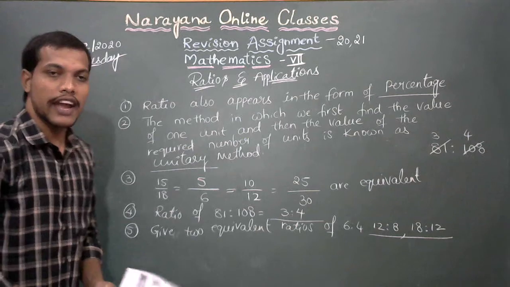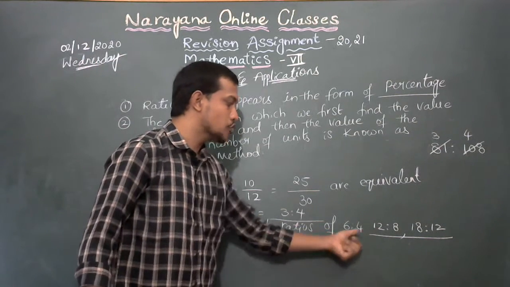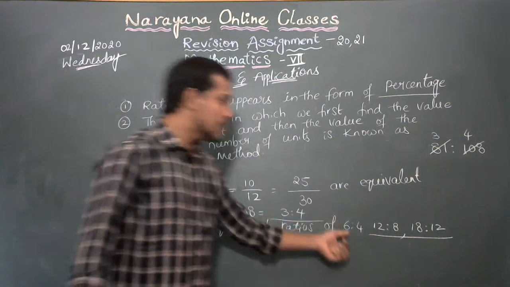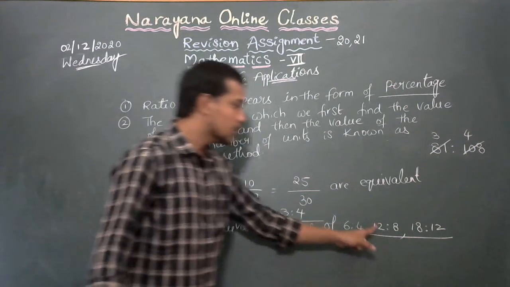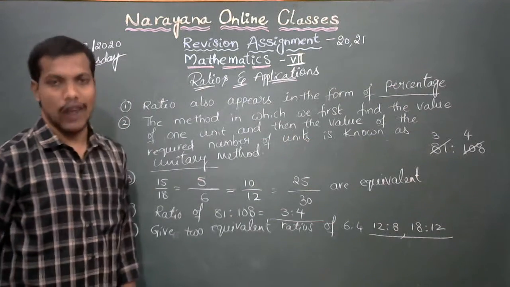The original ratio is 6 is to 4, and based on this we can create two more equivalent ratios, that is 12 is to 8 and 18 is to 12.